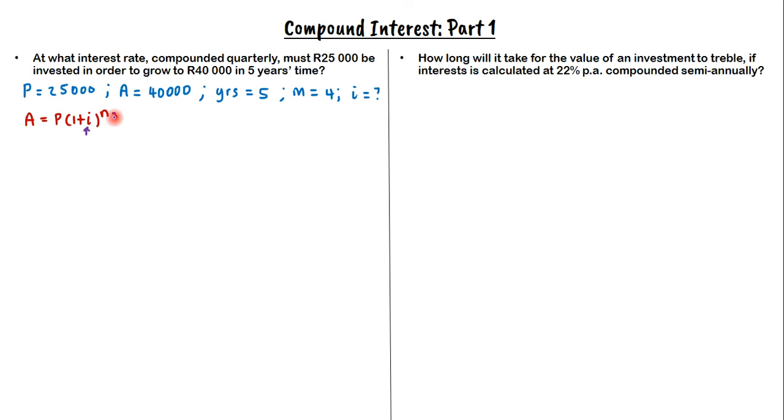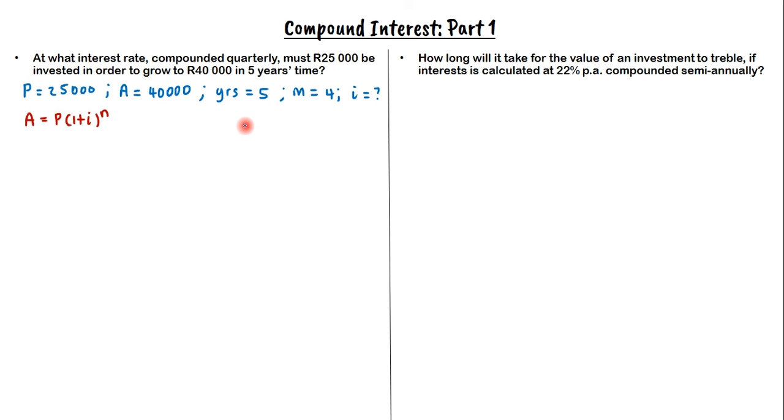A lot of people like to say n is the number of years. Please understand this: n is not the number of years, but the number of times the interest has been applied over that period, which in this case is 5 years. So how do we calculate n?